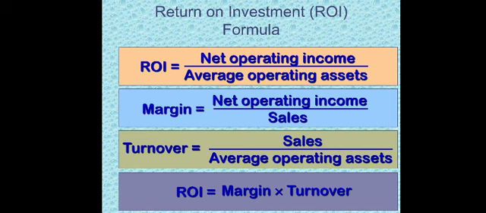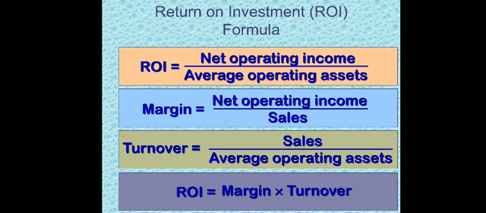It is actually the same number, but you can calculate the ROI by using two financial ratios, margin ratio and turnover ratio. So sometimes the question will give you two ratios, and then the question asks you to calculate ROI. So you have to know ROI equal to margin ratio times turnover ratio.